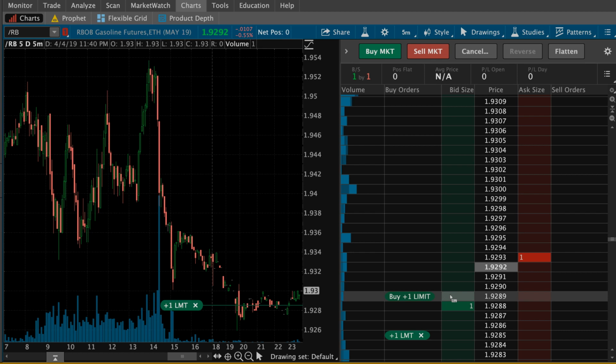So there's limit orders. Limit orders are designed so that you can get your best buy price or your best sell price by waiting for price to come down. Either the ask has to come down to meet your buy limit or the bid has to come up to meet your sell limit. And that's how you get the price that you want. You can't be hanging around all the time waiting for price to come there so that you can press that market order.